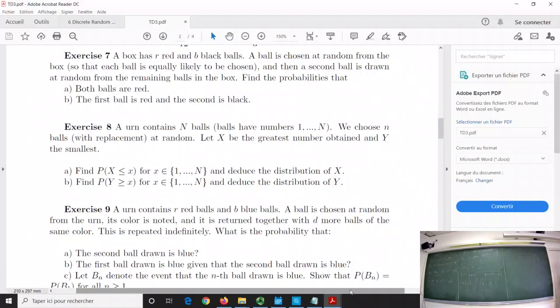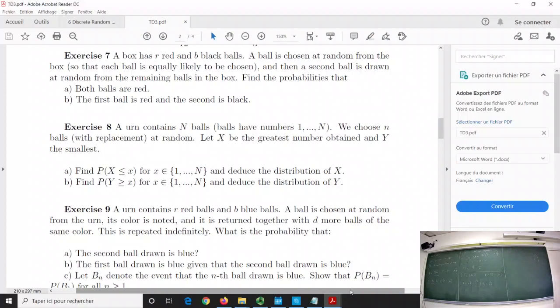So the maximum is less than x if and only if they are all less than small x. It's exactly what I can translate by this set, the intersection of all these ones. Why? Because I do small n drawings.